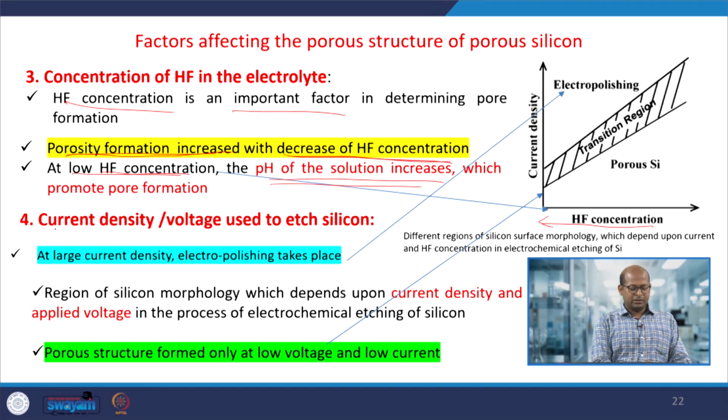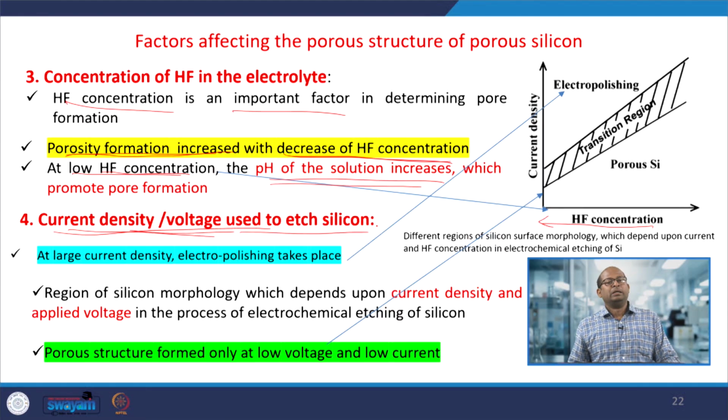Next is the current density or voltage that is used during the etching in the electrochemical cell. At large current density, electropolishing will take place, which is not desirable, so we should avoid that. Electropolishing is over-oxidation, silicon dioxide formation.